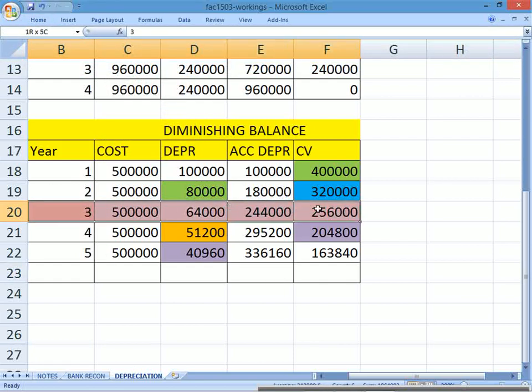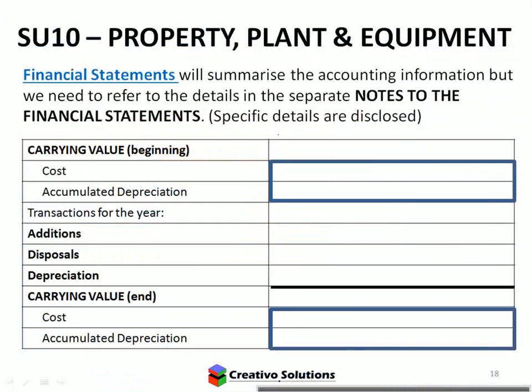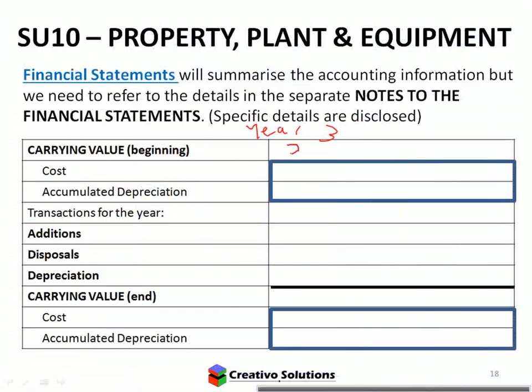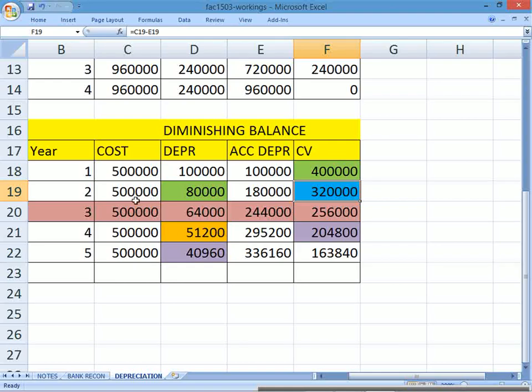Right, so if I'm looking at year 3, I'm going to want to record everything for year 3, from our example. Okay, here's our example. If I'm looking at year 3, what was my starting carrying value? What was the carrying value at the beginning of year 3? 320, good. Because end of year 2 is beginning of year 3. So 320 is going to go here. Insert it. The 320 is made up of what?